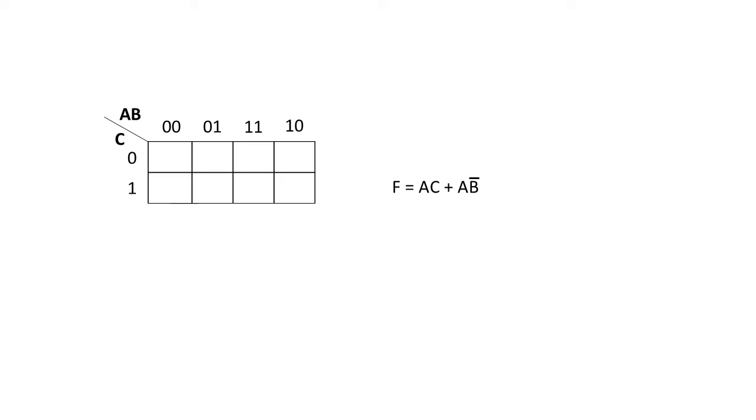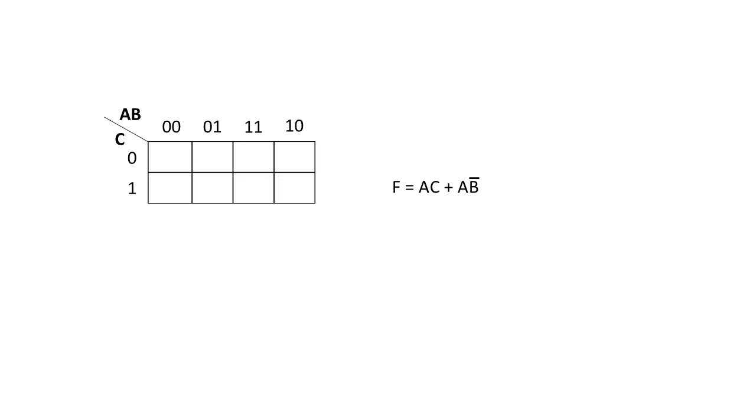Now from this given function we are going to create the K map. So how can we do so? Observe. First observe the function, f equal to AC plus A B naught.